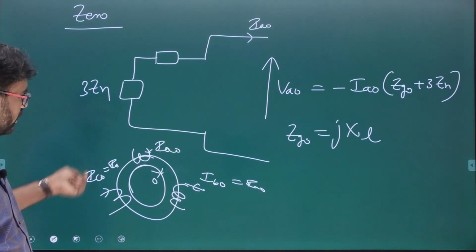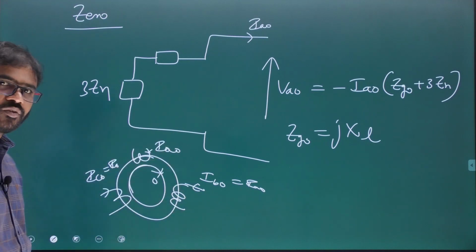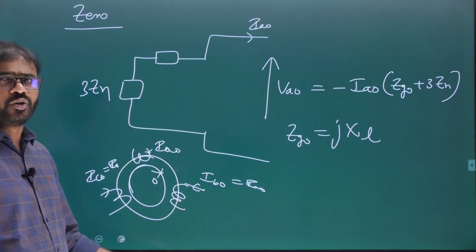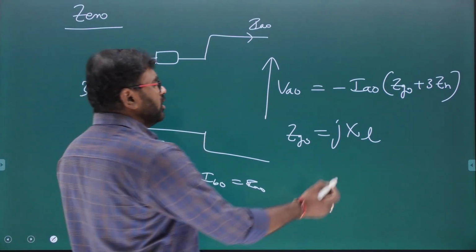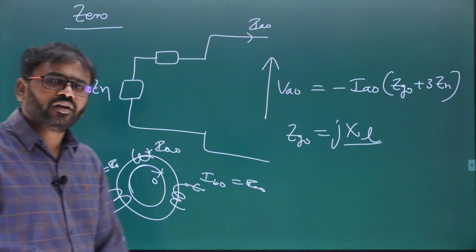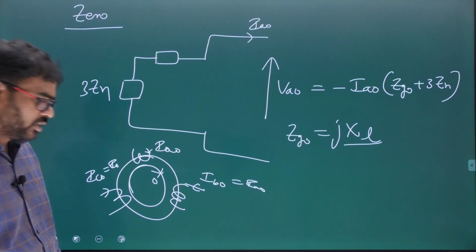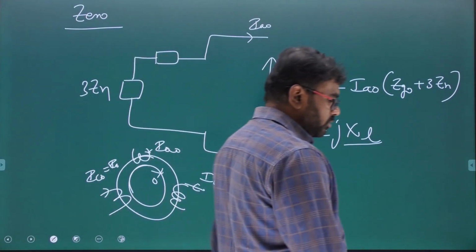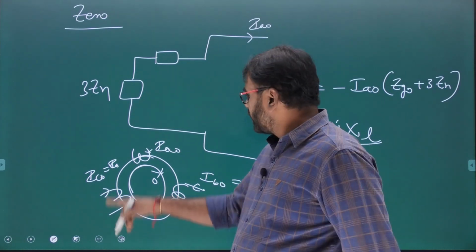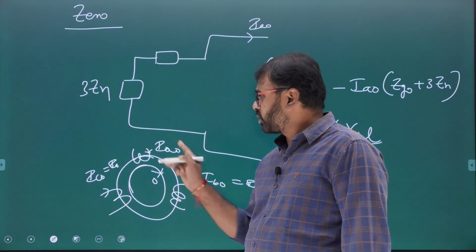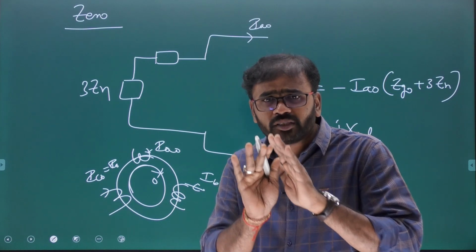That means the resultant magnetic field produced by the zero sequence current flowing in the stator is zero. If there is no magnetic field, there is no armature reaction. That's why only leakage reactance is considered for zero sequence. Careful: the sum of air gap flux, that is A phase flux, B phase flux and C phase flux in the air gap, with respect to zero sequence currents is always zero.